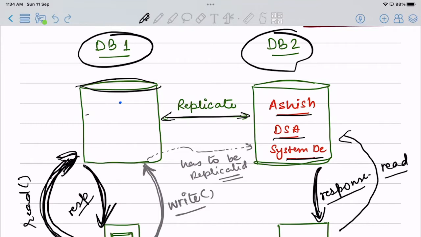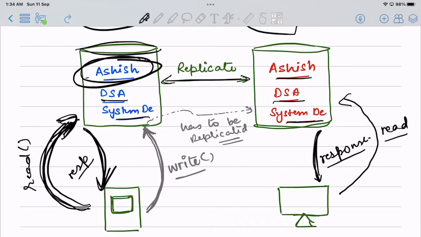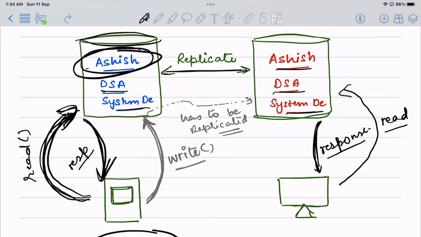Once I've explained why we need it, what will happen is this will also do a read request, and it will respond. Now let's suppose that the celebrity itself comes and posts some picture or writes something, like on Twitter. It will obviously write, post something.